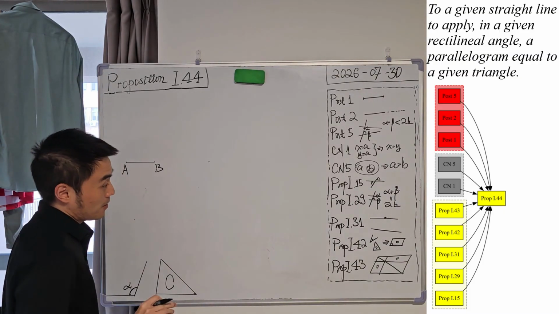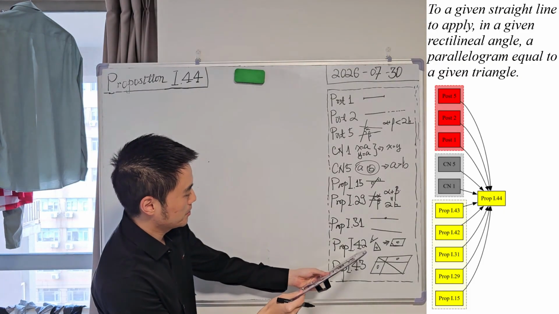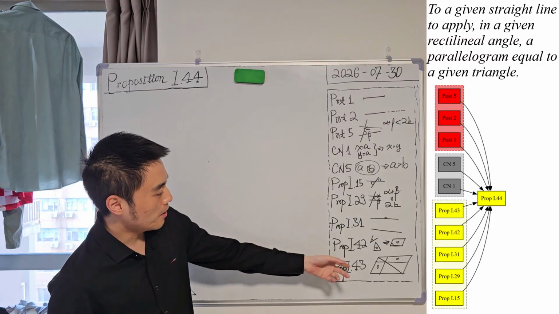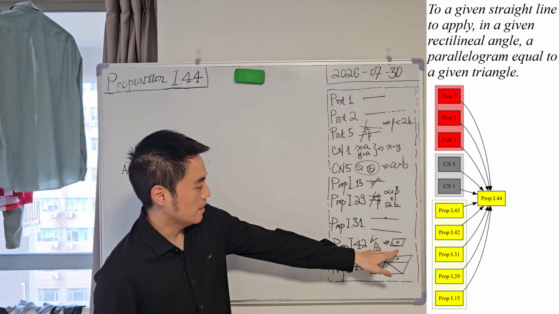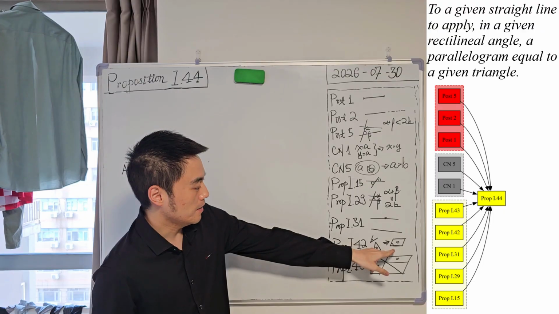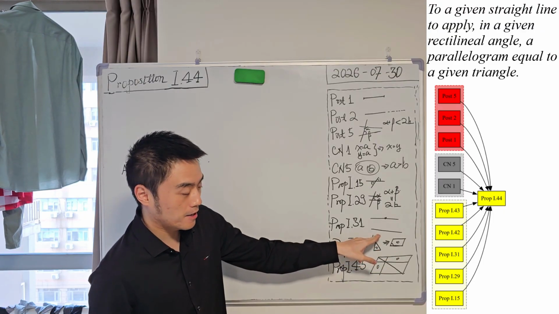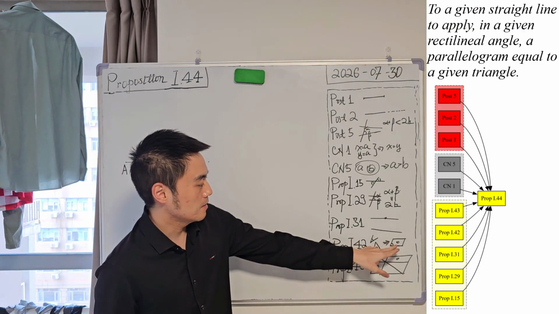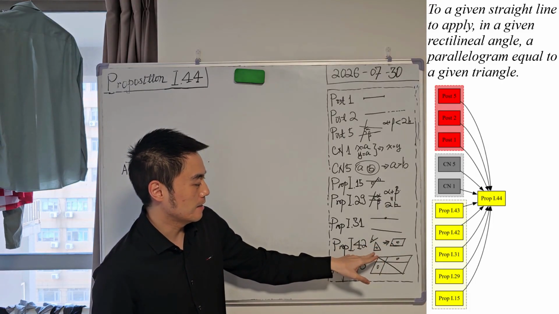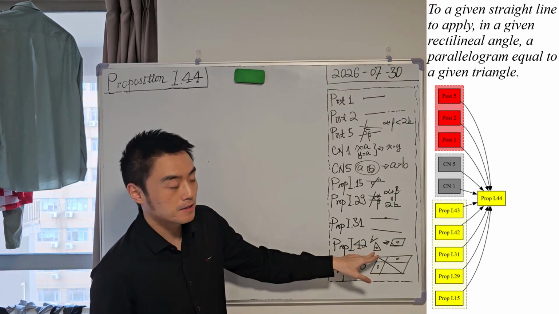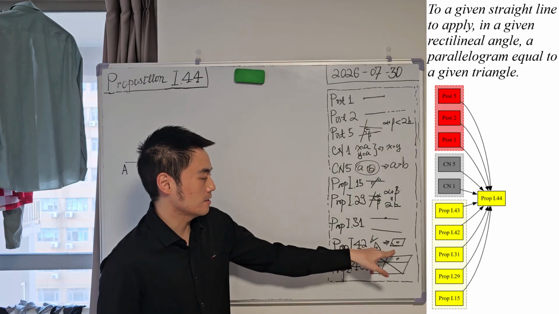So first of all, please recall proposition 42. We are able to construct a parallelogram in a given rectilineal angle that has the same area as a given triangle, right? So let's at first construct this parallelogram.